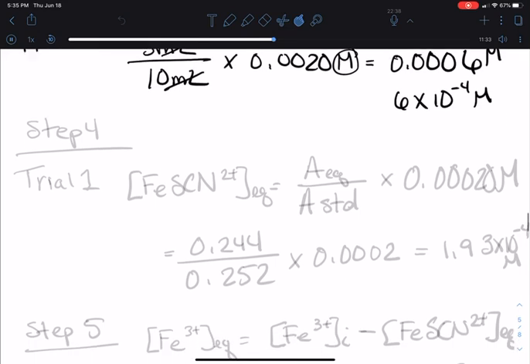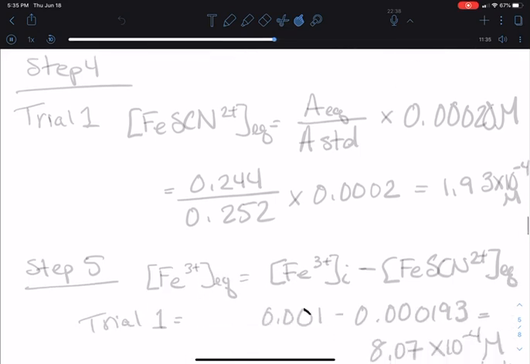So now we can go on to determining step 4, which is the concentration of our product. If I can get the right tool. This is our product at equilibrium.